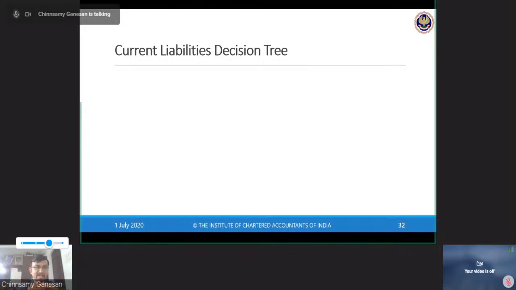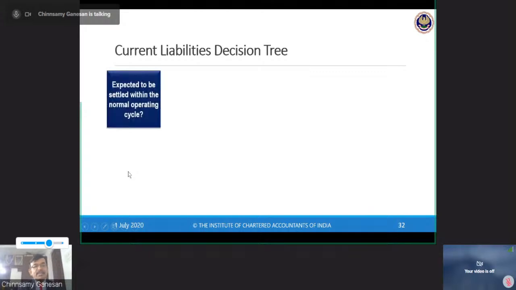But when you are having a connected reading, you will understand that, oh, on that point, we have told that it is not expected to be realized. It is based on due to be settled. Oh, due to be settled is the 3rd condition. Cash and cash equivalent cannot be for liability. It should be some other condition, which we will see. So a connected reading will always help you to remember and be very clear on your concept. That's the reason why I am using it.